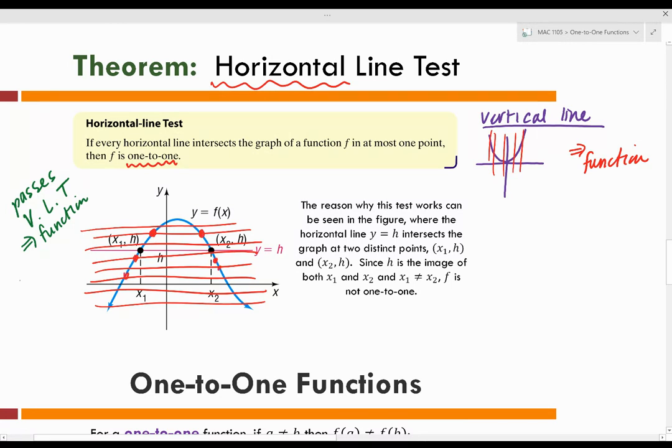So this fails the horizontal line test, which tells me that this function being represented here is not one-to-one. So those two tests go hand in hand. The vertical line test tells you if something is a function. The horizontal line test tells you if something is one-to-one.